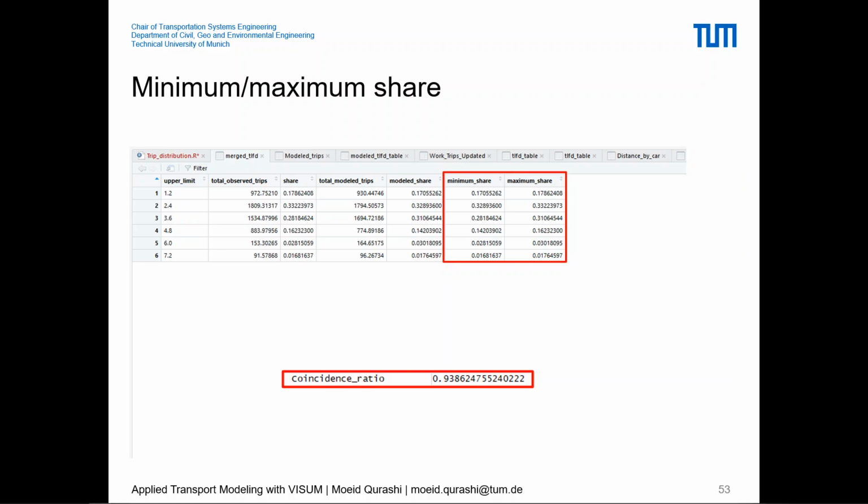And once we got the results for the trip distribution, which was an OD matrix already, we then compared the modeled TLFD, or the TLFD that we had from the OD matrix that was the output of the trip distribution, with the observed TLFD, to check how well we were able to calibrate the gravity parameters, so that we also know how well we are actually able to replicate the observed TLFD, or the observed behavior of people moving versus in the model.